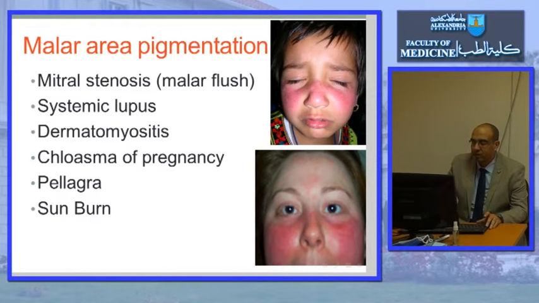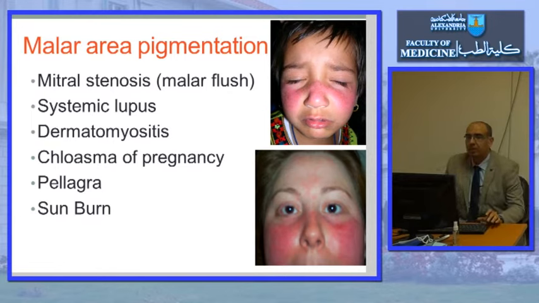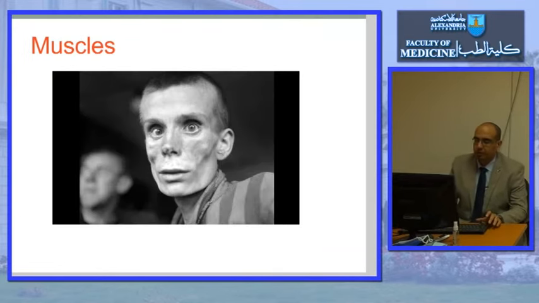This is the malar area. Very important, if you find pigmentations in the malar area, you should think of mitral stenosis, it's called malar flush, systemic lupus erythematosus, dermatomyositis, chloasma of pregnancy, pellagra, and sunburn. These are the causes of malar area pigmentations.